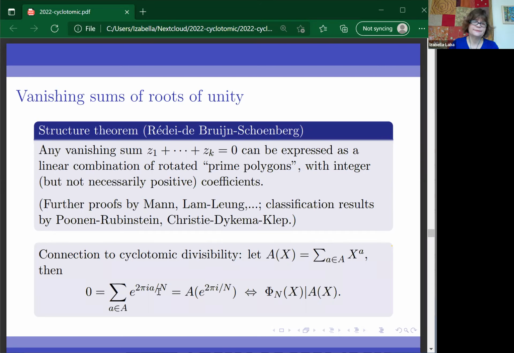Then we have a vanishing sum of roots of unity of nth order, with some coefficients, not necessarily relatively prime to n, if and only if A of e^{2 pi i over n} is 0, and that means that phi_n needs to divide A of x, because phi_n was the minimal polynomial of e^{2 pi i over n}. And so we are again looking at divisibility of polynomials by cyclotomic factors.